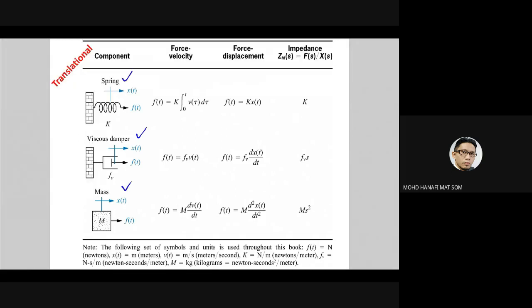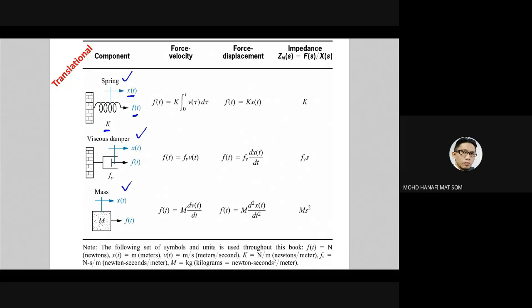For the spring, we define the coefficient as K. The force that moves the spring is f(t), and the translational movement, in this case, is x(t) to the right.